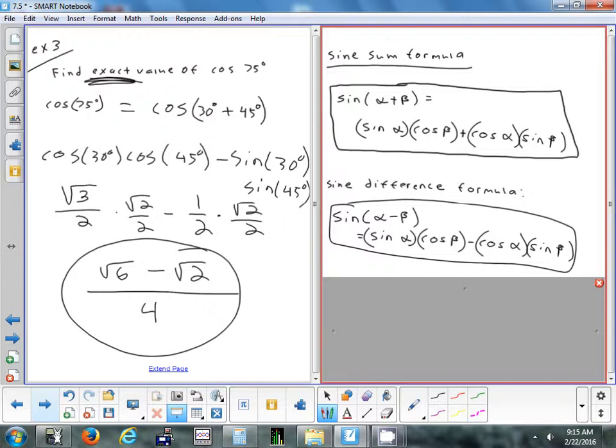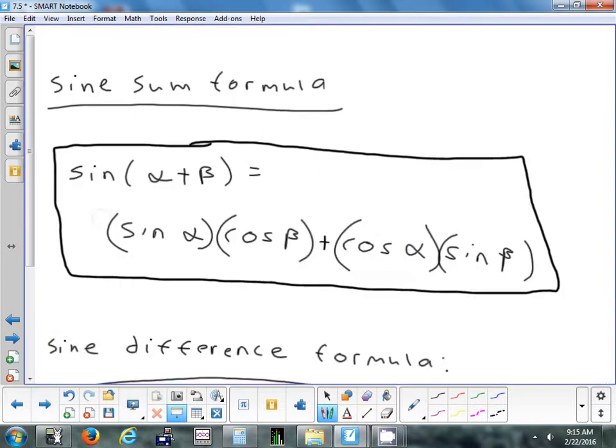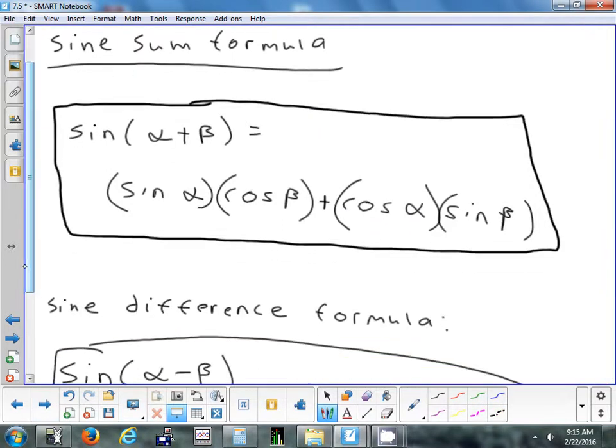Okay, so the sine sum formula. It's a little different. It's sine cosine plus cosine sine. So sine of the first, cosine of the second, plus cosine of the first, sine of the second.